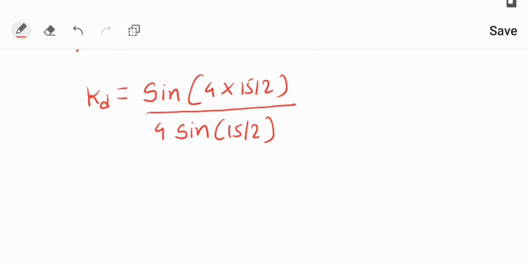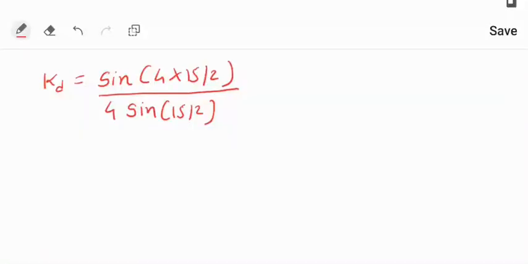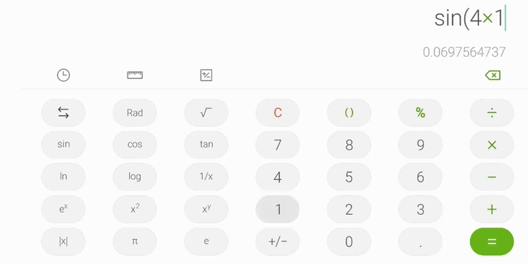We will do the calculation over here. For the distribution factor KD, we have the equation and we put the values of Q and y: sin of 4 into 15 by 2 divided by 4 sin 15 by 2.